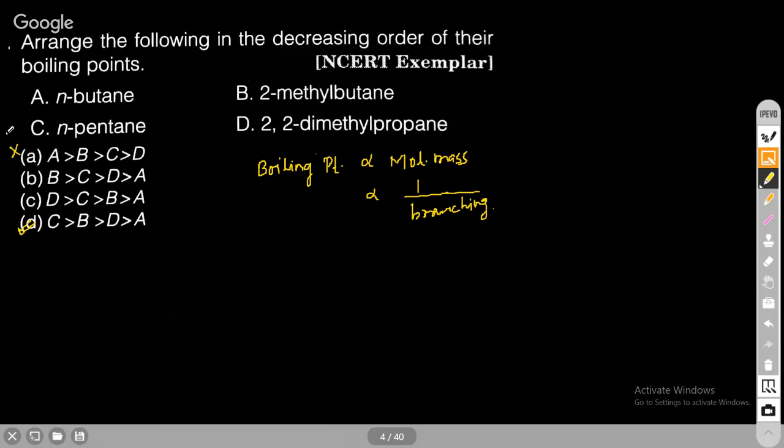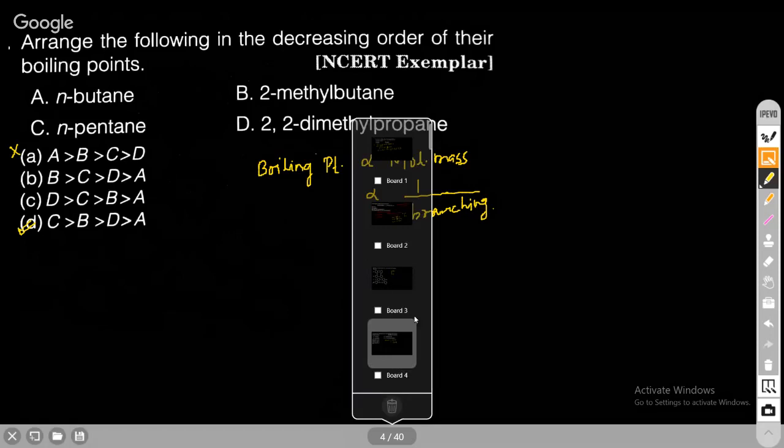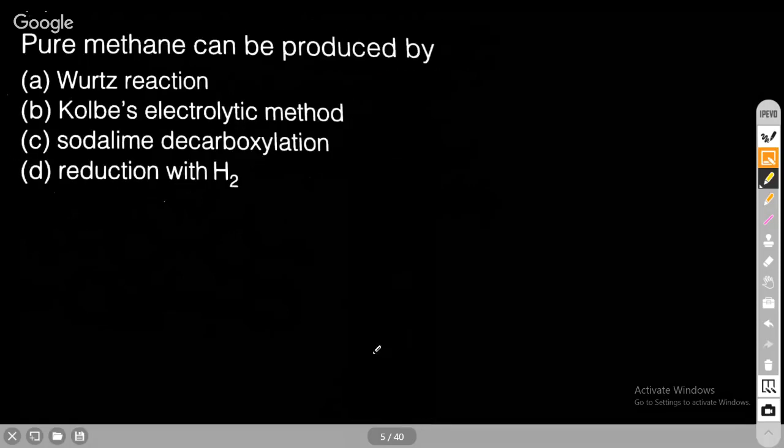Okay, so they are chain isomers also. Next question. This is a factual question actually.